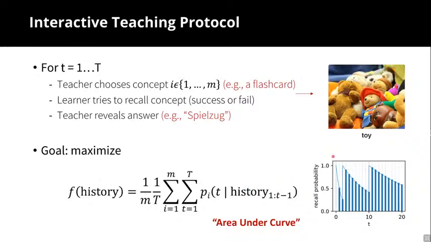For a fixed concept, let's fix the concept to be i among m possible concepts. We look at the overall forgetting curve from timestamp 0 to timestamp capital T, which is the end of our budget. We draw the learner's forgetting curve.